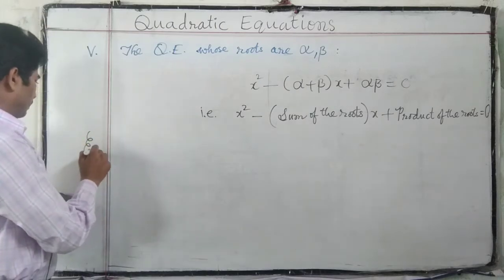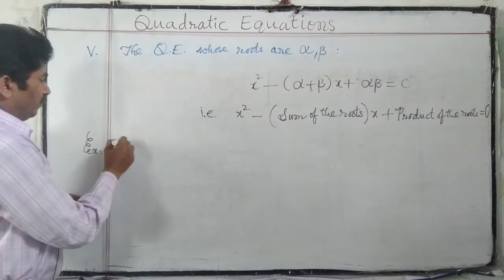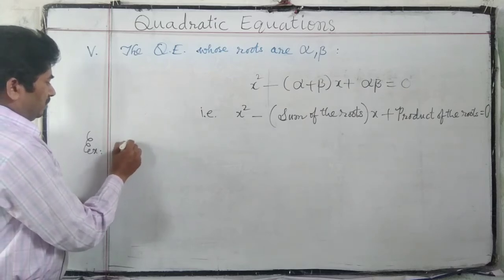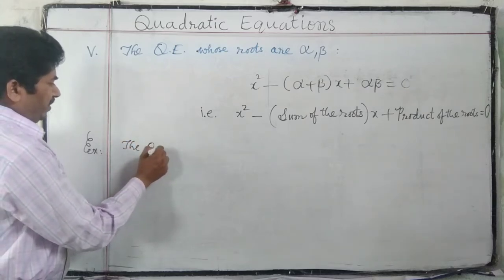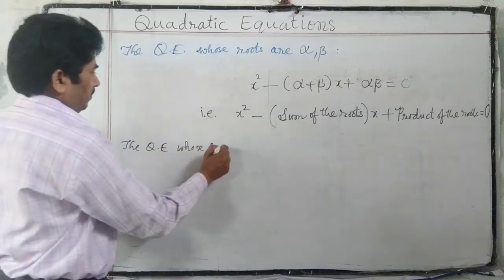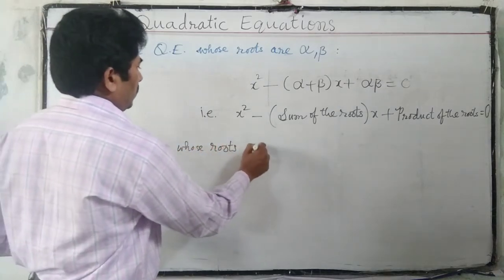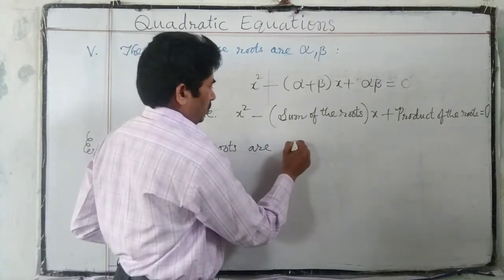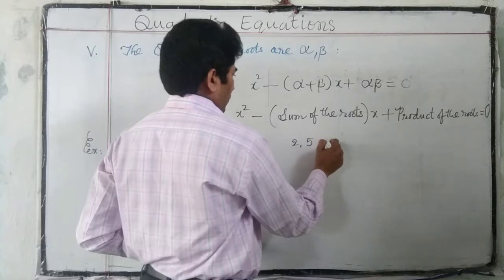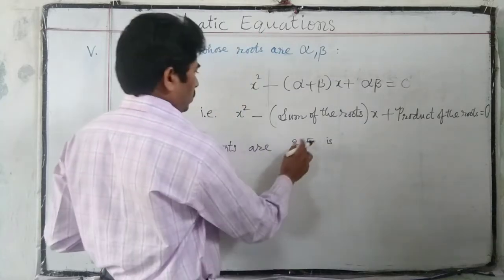Example, find the quadratic equation whose roots are 2 and 5.